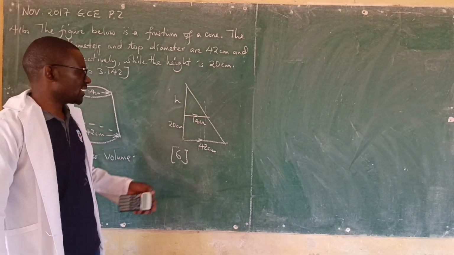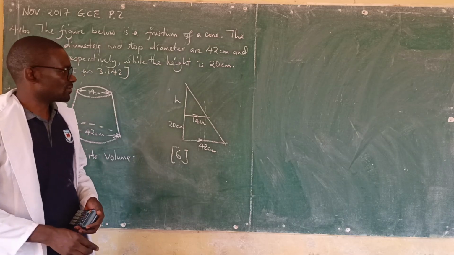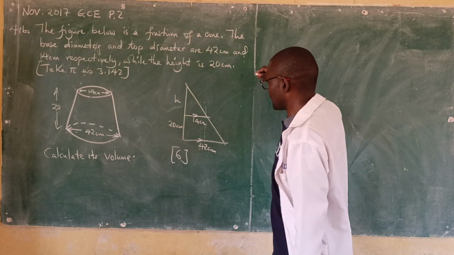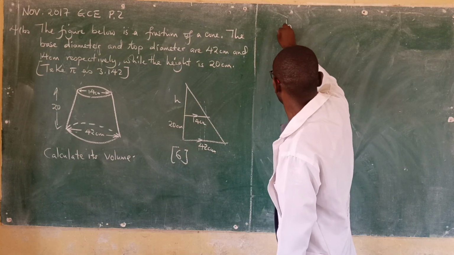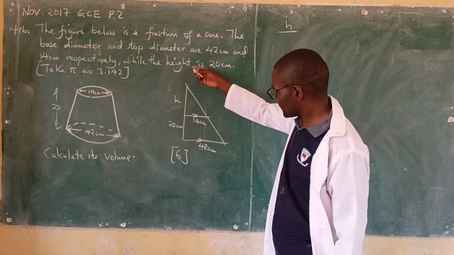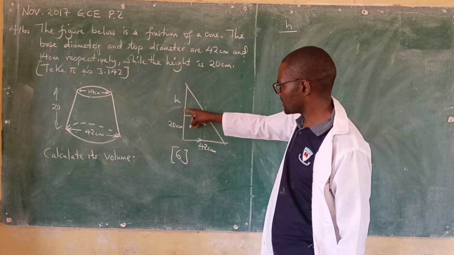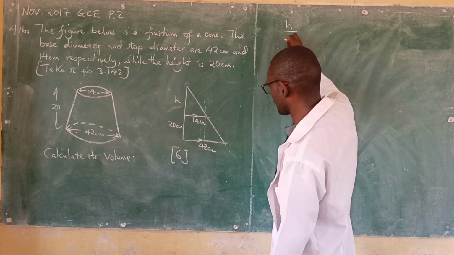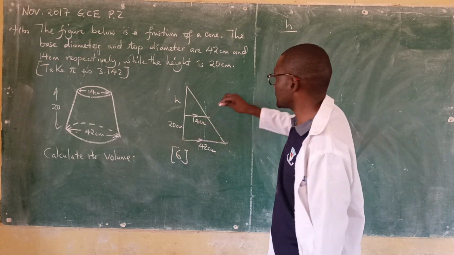And so to find h, we use similar triangles. The knowledge we have about similar triangles, we'll just say h over this distance. On similar triangles, this distance corresponds to from here up to there, so that would be h plus 20.